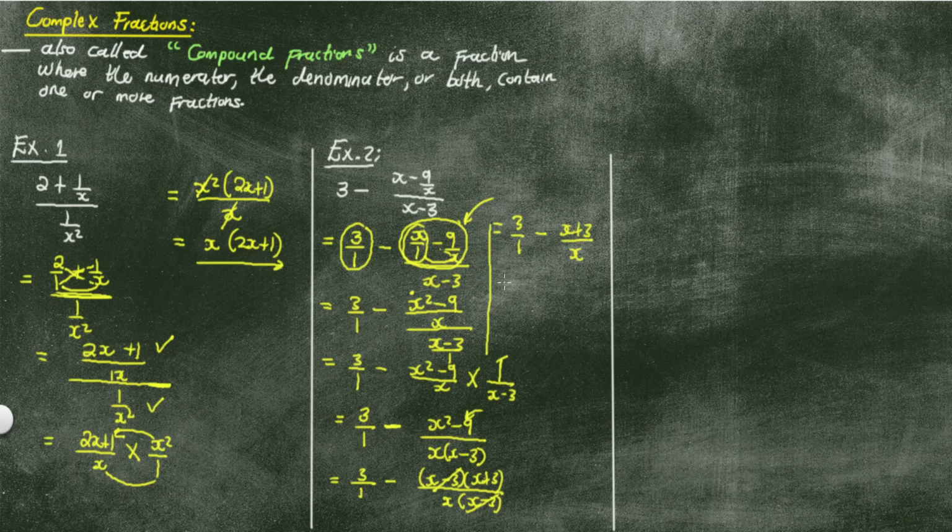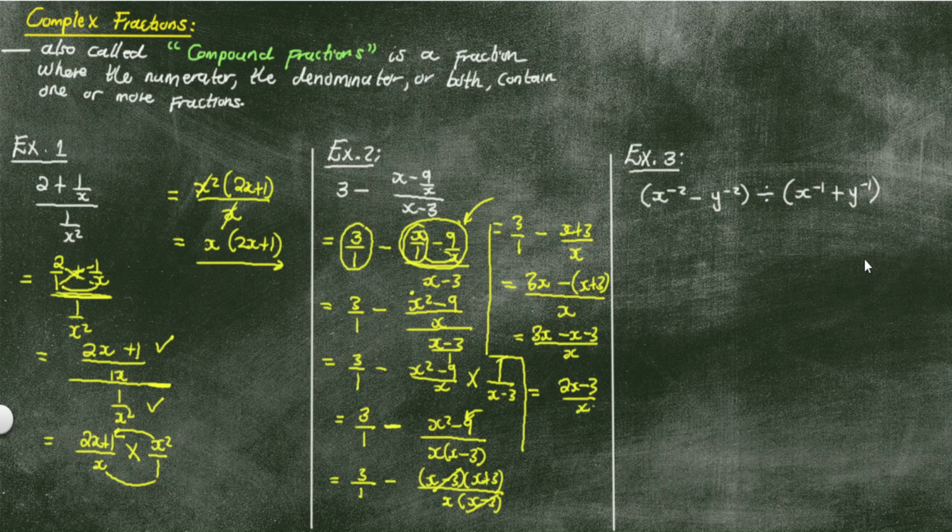Then we cross multiply. x times 3, that's 3x. 1 times that, it's going to be a minus x plus 3. I'm putting it in a bracket because this negative sign is going to affect that x plus 3. Then the x multiplies the 1, gives me an x, equal to 3x minus x minus 3 over x, equal to, so that 3x minus x gives me a 2x minus 3 over x. So this is my final answer.